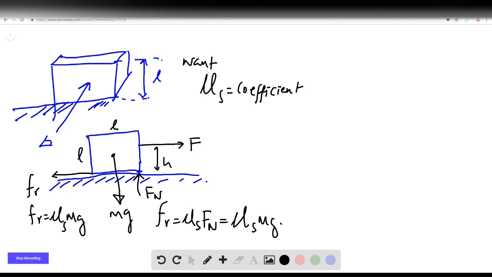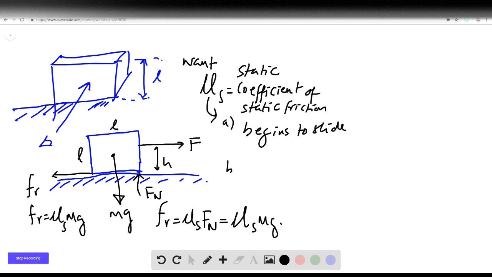In the first part of the problem, part A, we want to find the coefficient of static friction when the block begins to slide.